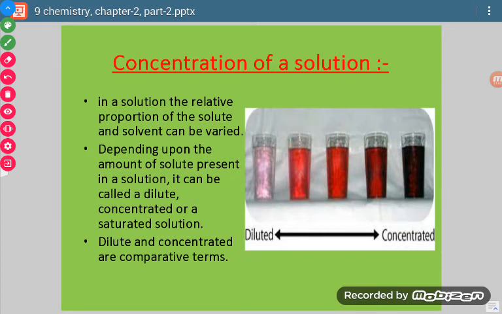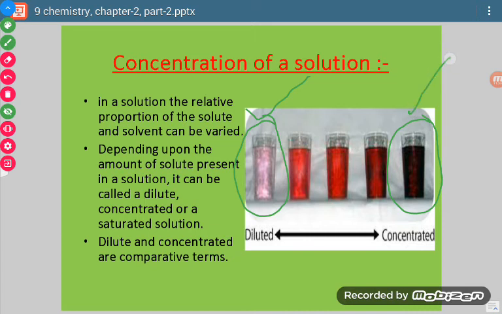Okay. Now one more thing, concentration of a solution. Now look at the picture. If you see this one and this one, what is the difference? One is very dark and one is very light. This color is because of the presence of solute particles. If the amount of solute particles is very less, then it means the solution is less concentrated.